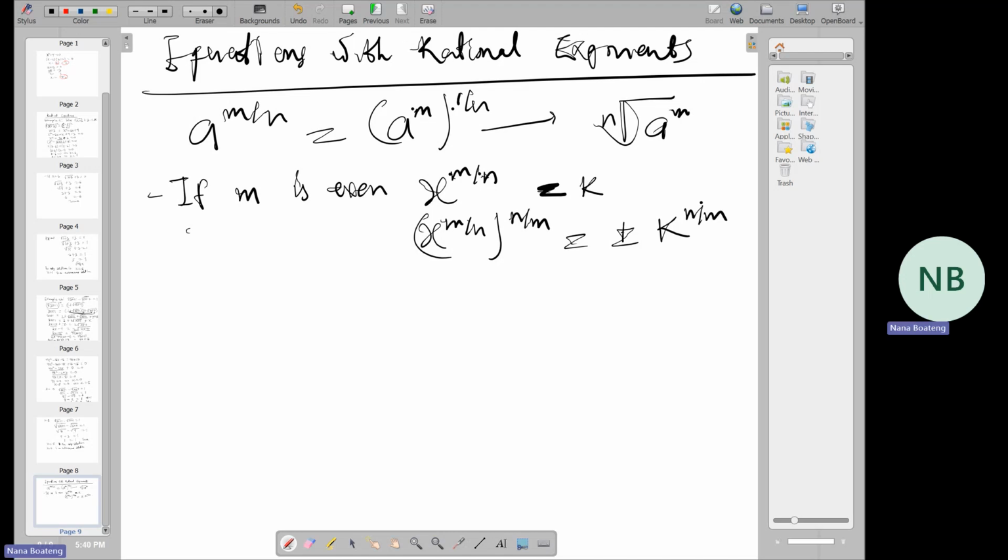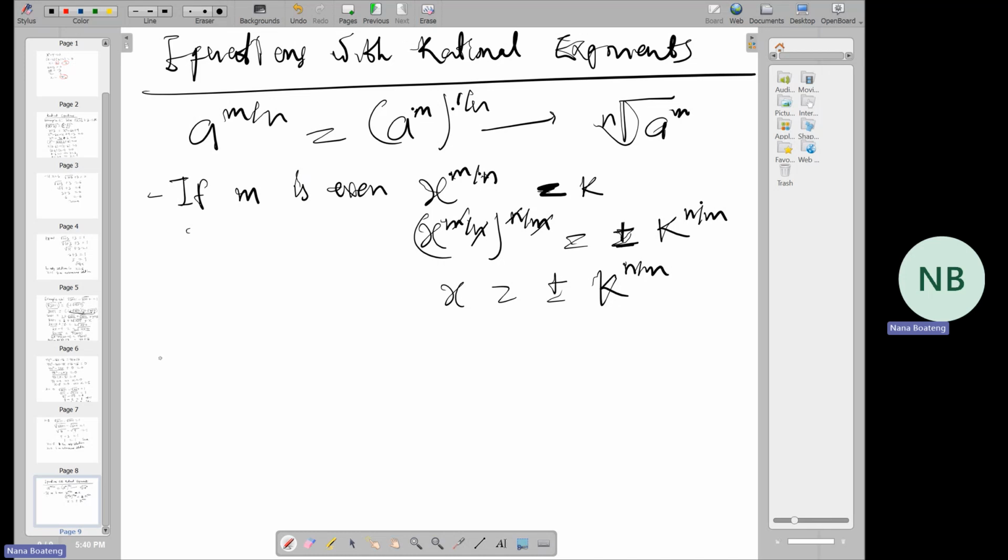So we raise both sides to the power n divided by m, so that n will cancel n, m will cancel m. So we have x is equal to plus or minus a power n divided by m. If the m is even, that is where we use plus or minus.